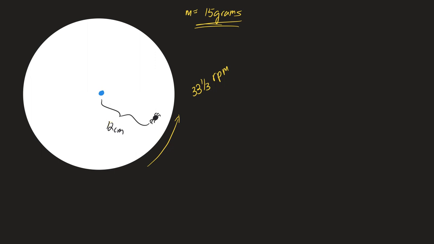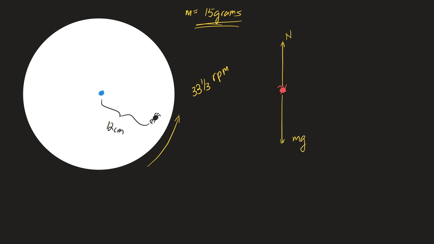Now, I would encourage you to start this problem the way we've started all force problems, with the free body diagram. And begin the problem that way, because these problems are going to get more complicated. I'm starting with the simplest one I can think of. So I'm looking at the spider from the side, and he's experiencing, I think, obvious forces: normal force and weight.